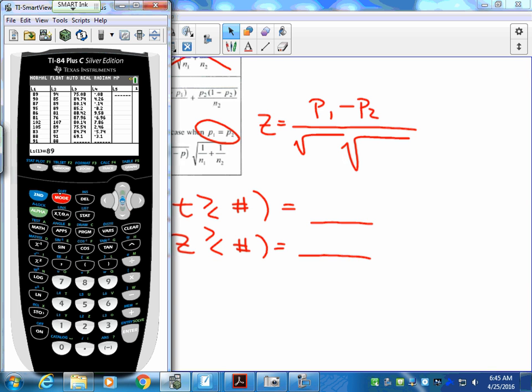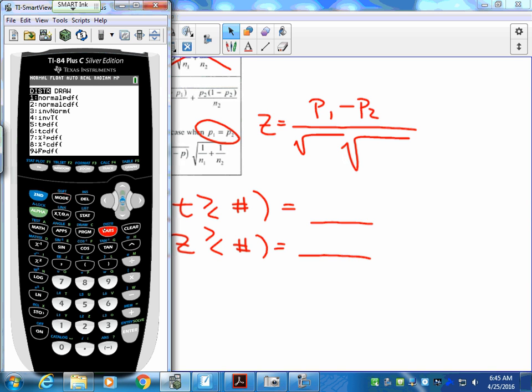And the nice part, especially if you have the new operating system, is that it really helps you to remember some pieces with your tCDF. Degrees of freedom, sample size minus 1. If you have two samples, it's the smaller sample size minus 1.